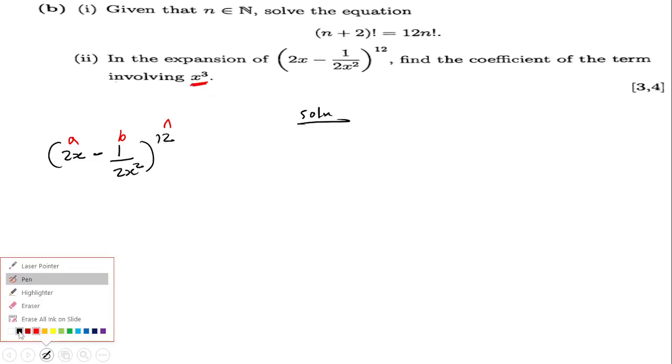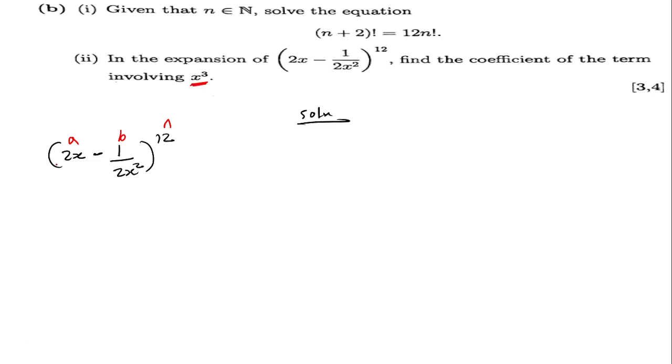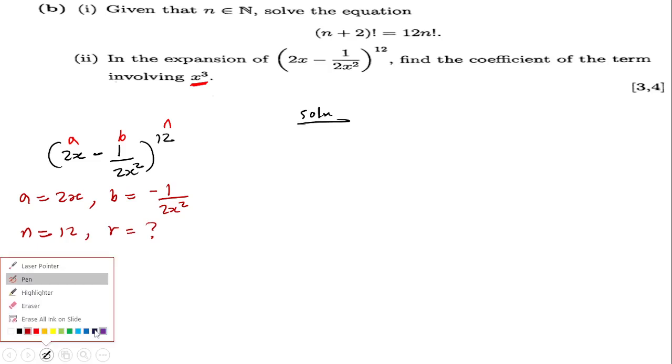So with that in mind, we can simply say a is equal to 2x, b is equal to negative 1 over 2x squared, and n is equal to 12, of which r we don't know. So let's quickly look for r, which can easily be done.